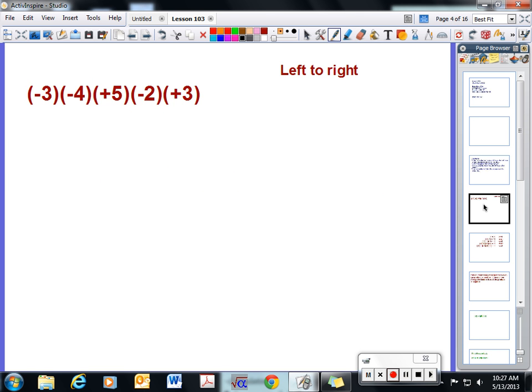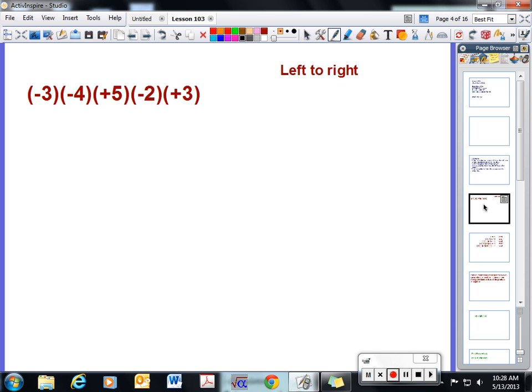First of all, we've got a whole series of numbers here that we are multiplying, and obviously we've got positives and negatives. Knowing the commutative property, we could organize them and put them in any order we want. Right now, we're just going to work them from left to right, keeping in mind what the signs would be as you go.